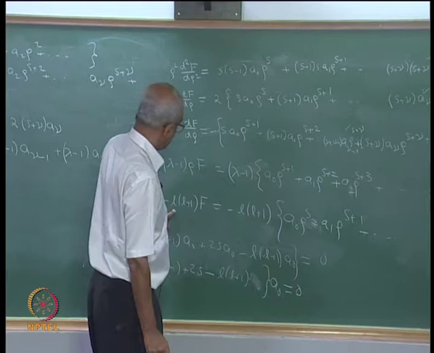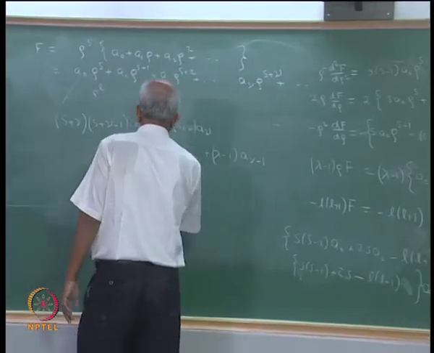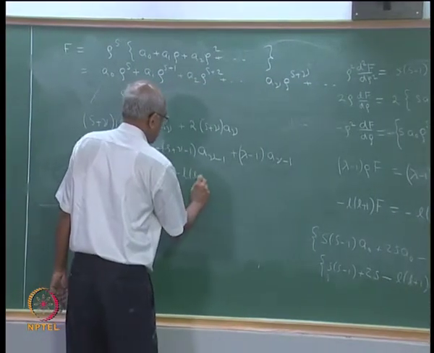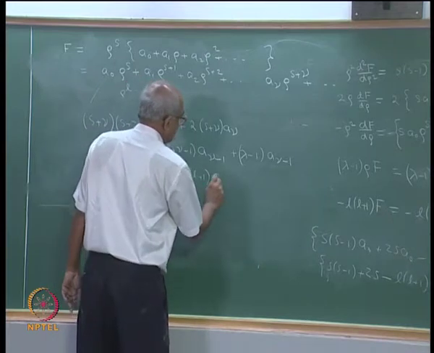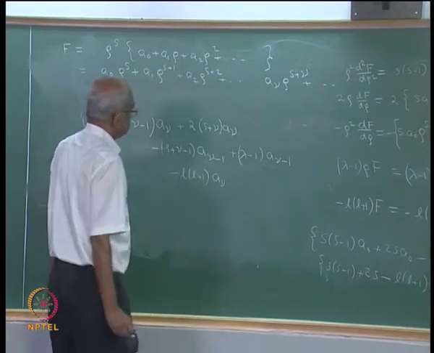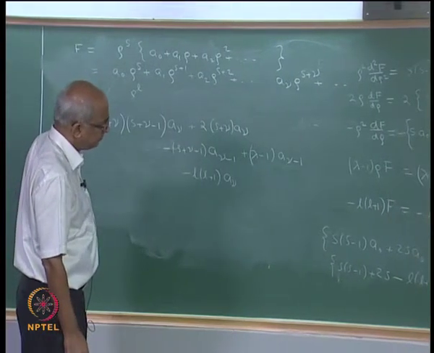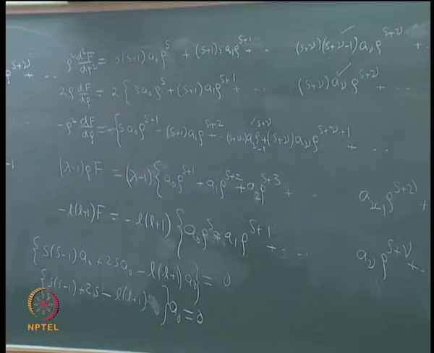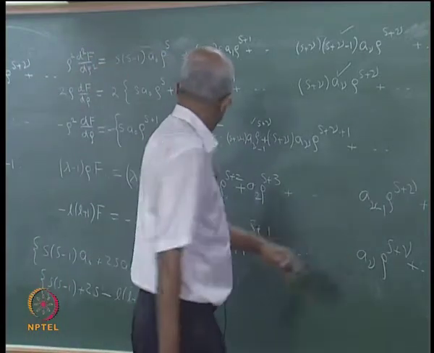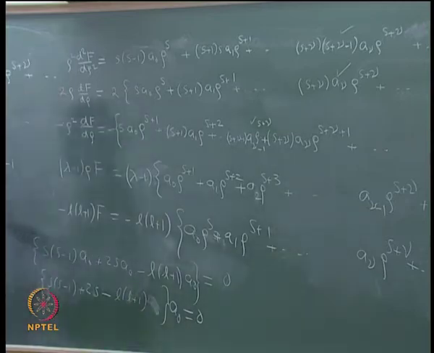And from the last one, minus L into L plus 1 a nu. Yes, I think that is it, minus L into L plus 1 into a nu, and that must be equal to 0.